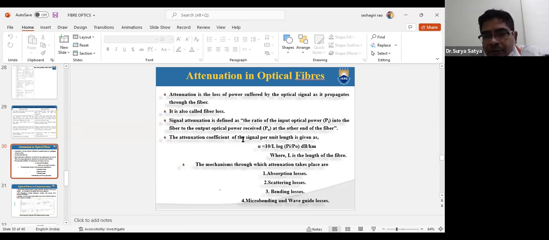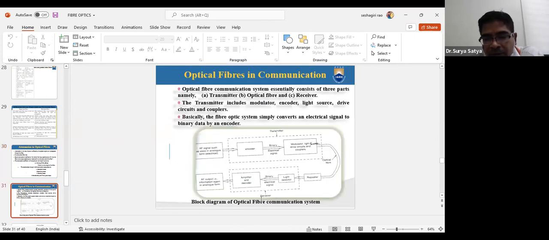The attenuation coefficient of the signal per unit length is given as alpha equals 10 by L log Pi by P naught decibel per kilometer, where Pi is the optical power input to the fiber and P naught is the optical power received at the other end. The mechanisms by which attenuation takes place are absorption losses, scattering losses, bending losses, micro bending and waveguide losses.